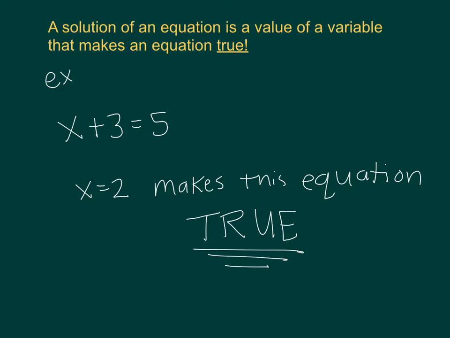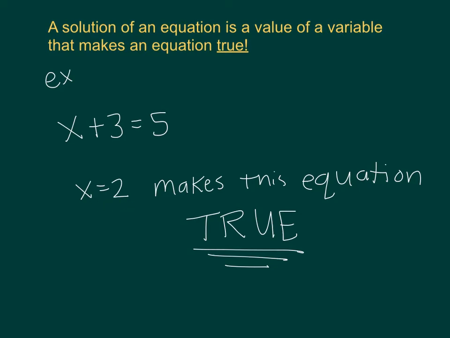So let's look at an example. If we have x plus 3 equals 5 as our equation, what value could our variable x have to make it true? Well, if x equals 2, then x plus 3 would equal 5, and that would be true. So our solution to this equation would be x equals 2.